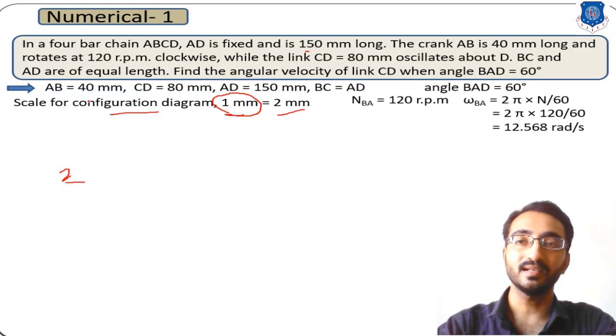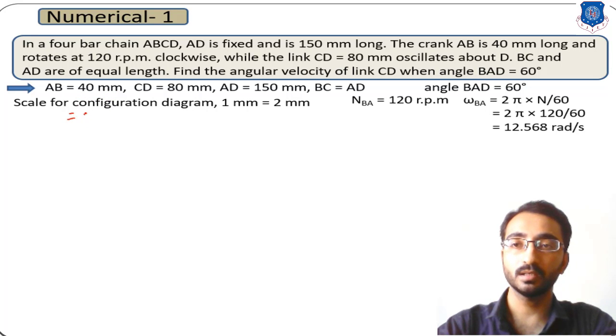So if you want to draw 40 mm, you simply have to halve it, because 2 mm is represented by 1 mm, so 40 will be represented by 20 mm. In this way you can calculate all the dimensions. So AB is equal to 20 mm, and the length of CD will be 40 mm.